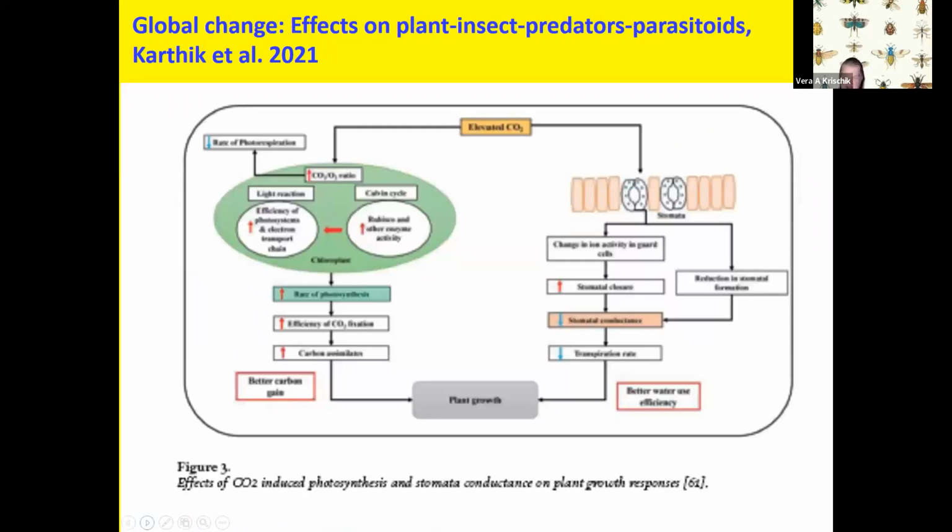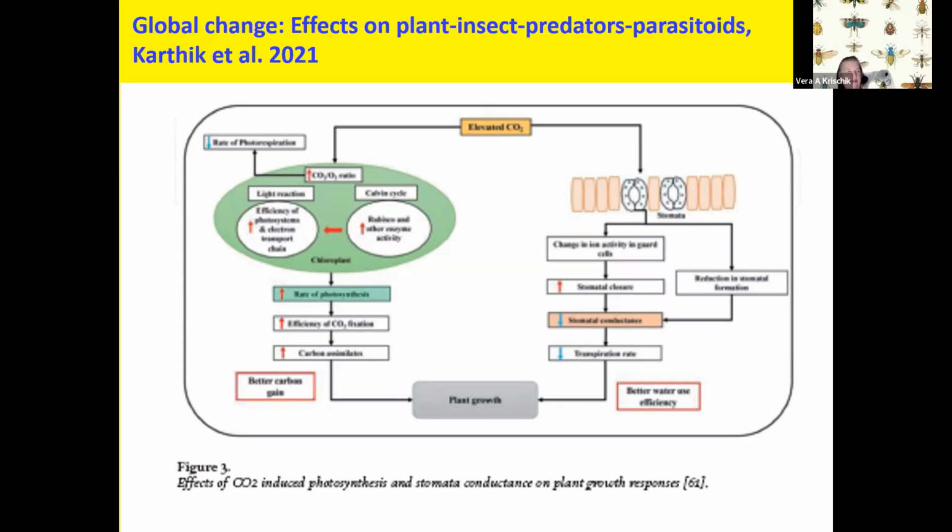And this one just goes on to another level to talk about it, the effects of CO2-induced photosynthesis and stomata conductance. So I just put this in here because it's at a level you wouldn't usually think of. We planted ash trees, green ash, white ash, because in the heat of the summer, their roots are in these boxes, you know, these heat islands.